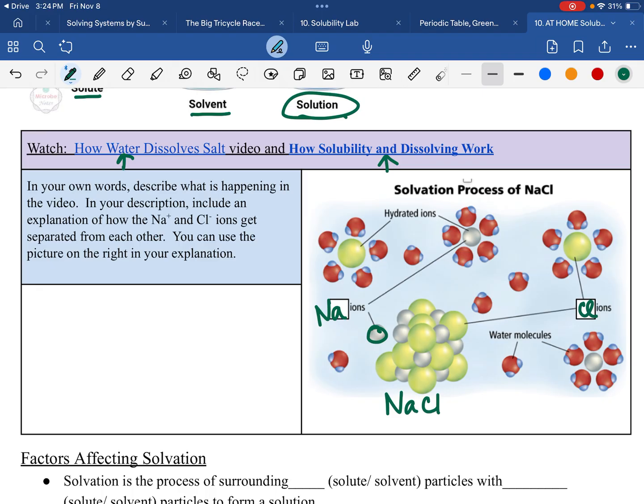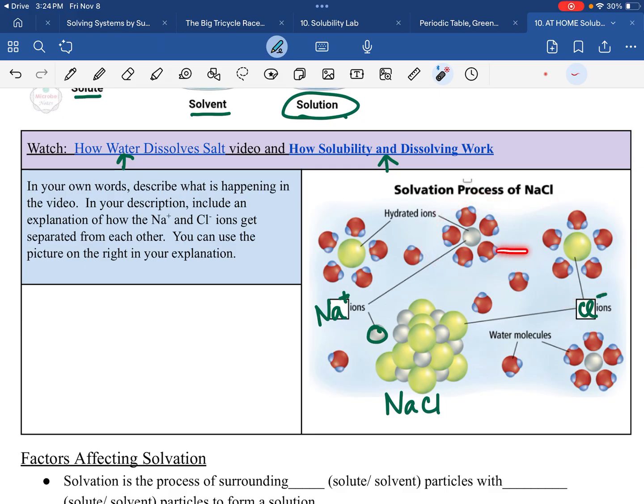Sodium ions have a positive charge because they like to give up their one electron to the chlorine, which has a negative charge. And so you're going to describe why, and take a look at these pictures. When water molecules surround a sodium ion, how is that different than when they surround a chloride ion?